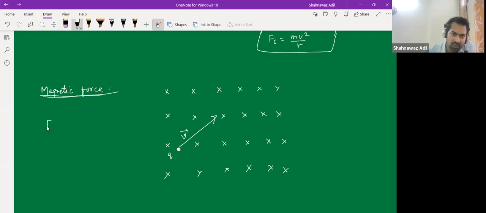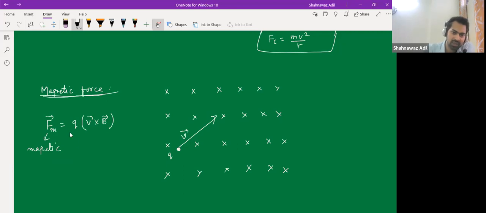So this is equal to Fm, this is equal to Q, V cross B. Whenever a charge is moving in the presence of some magnetic field, it will experience some force due to this magnetic field, and that is called the magnetic force.